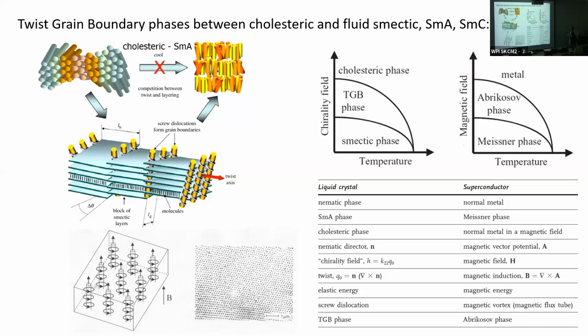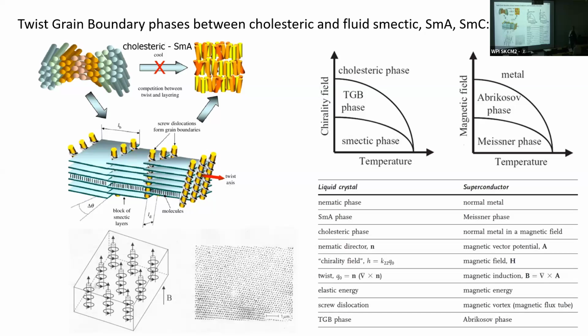So there's a whole list of liquid crystal properties that can be directly translated into superconducting properties. And this was first sort of realized at the end of the 1980s by Renn and Tom Lubensky.